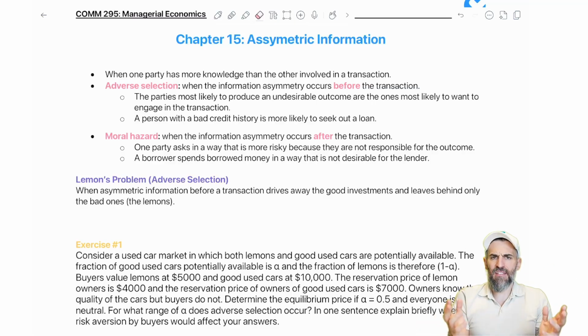A very classic example of adverse selection is with insurance companies. So people who are more likely to need insurance are the ones who are more likely to go out and ask for insurance, right?